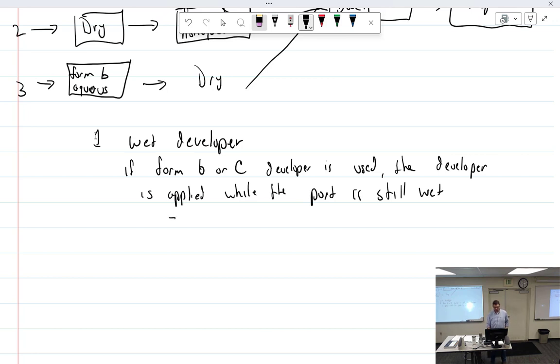So what is form B? And what is form C? I know they're wet, so that's going to be water suspendable and water soluble. Make sure I get them correct.